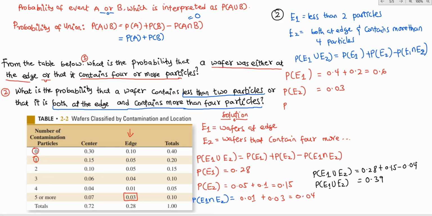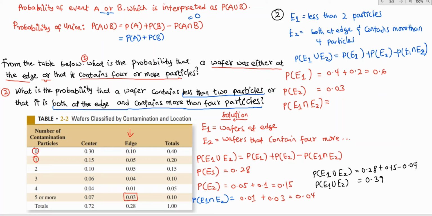Now let's look at the probability of E1 intersection E2. You want to look at the probability that a wafer has less than two particles, and also is at the edge and contains more than four particles. You are going to look at this intersection.